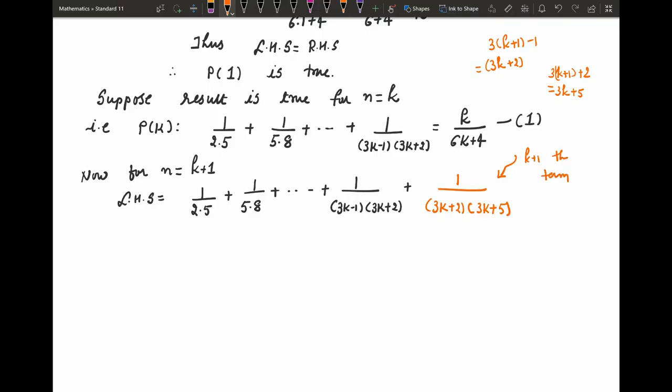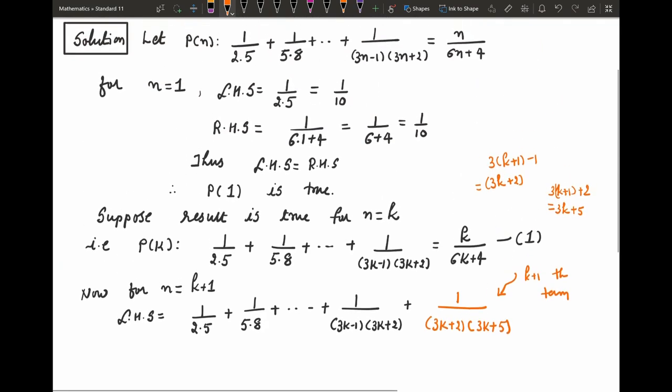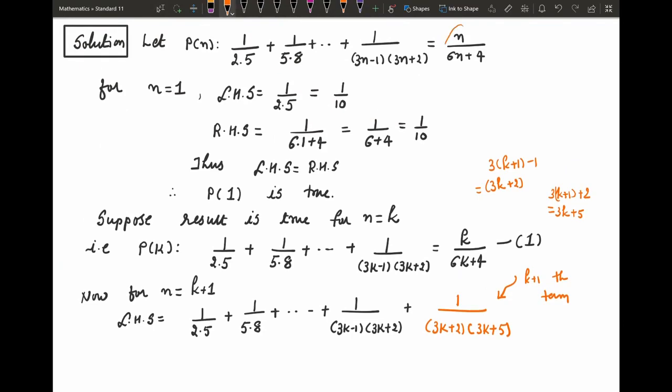Now left hand side we have taken sum of first k plus 1 term. To show RHS, right hand side, in place of n we should have k plus 1. So simplification of left hand side must be k plus 1 upon 6 into k plus 1 plus 4, that means it should be k plus 1 upon 6k plus 10.